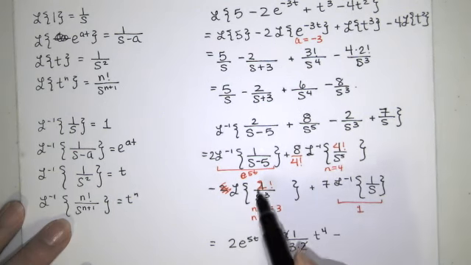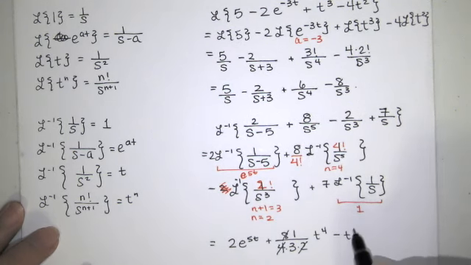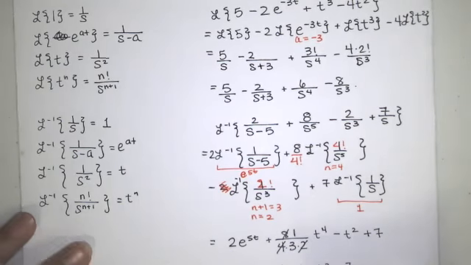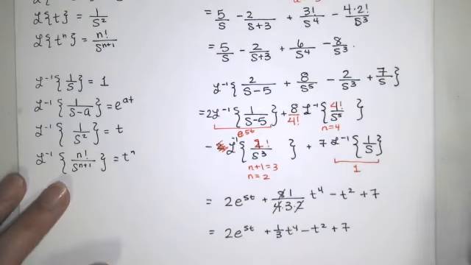Here we're subtracting, oops, that should be an inverse transform. The inverse Laplace transform of 2 factorial over s cubed. So n is 2, so that's going to be a t squared. And then we'll have 7 times 1, which is just 7. So we end up with 2 e to the 5t plus 1/3 t to the 4th minus t squared plus 7. And that is the inverse transform of this function that we started with.